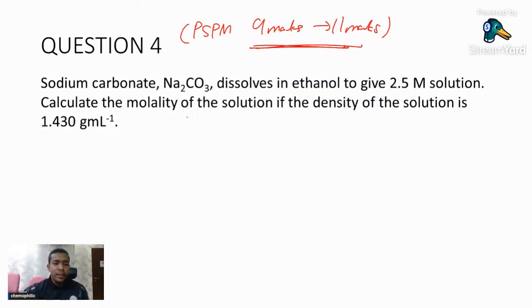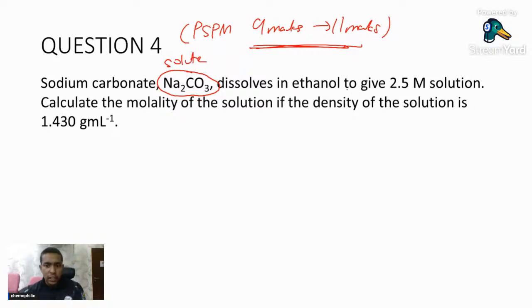From the question, it looks very simple, but the mark is high. This is a little bit of a problem for some students, because they don't really understand how to start the question. It says here sodium carbonate. Again, like I mentioned earlier, if this one is given the chemical formula, this will be the solute.